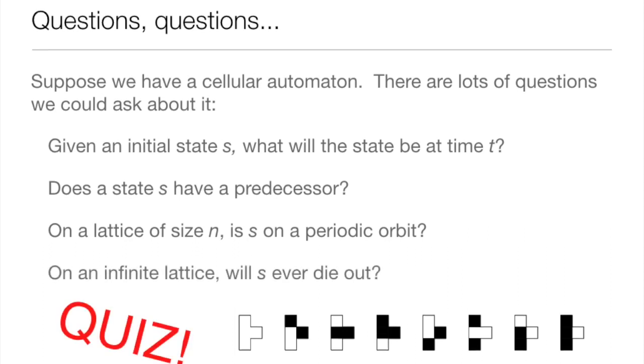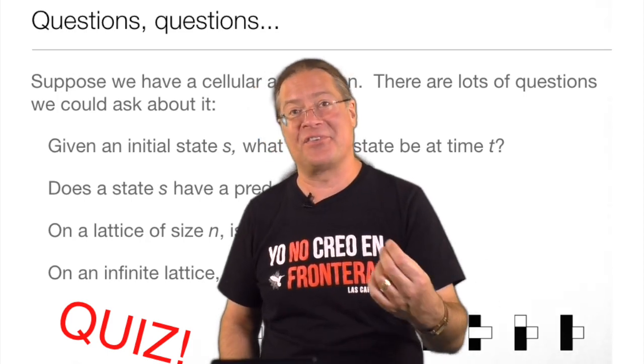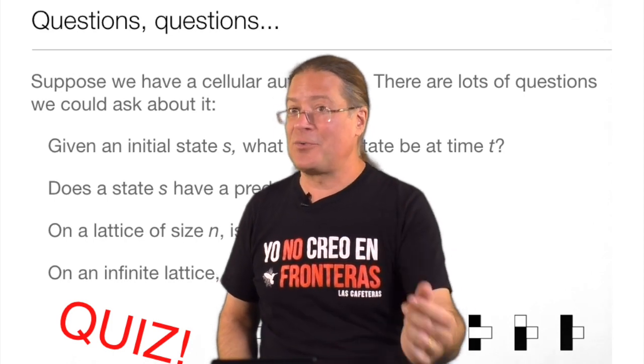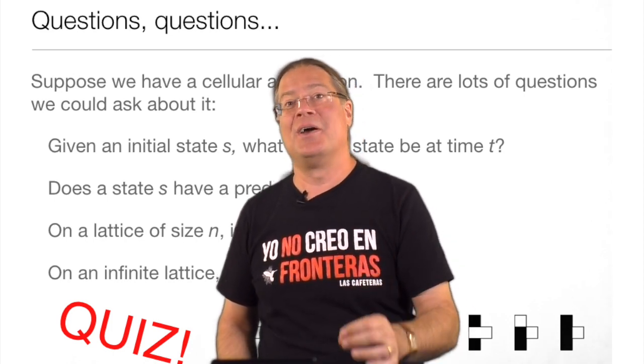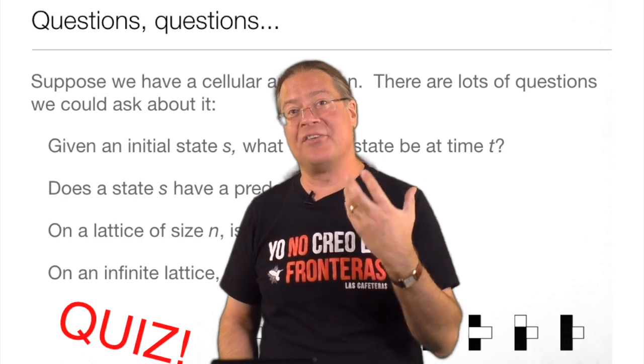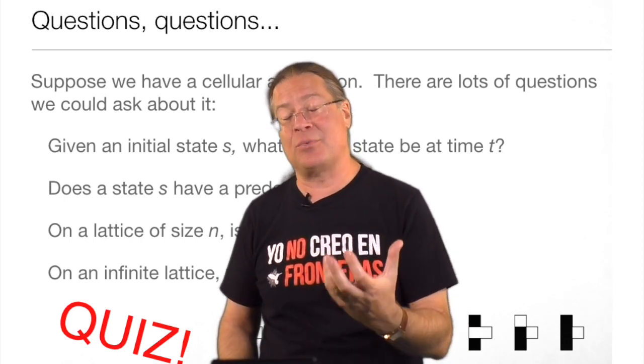Finally, on an infinite lattice, I could take some initial configuration and I could ask you, will it ever die out? If I keep running this, will there ever be any ones left in the universe, or will it all turn into zeros? These four questions correspond to four different levels of the complexity hierarchy that we just discussed. Your next quiz is figuring out, a priori, what is the complexity class that each of these questions lives in.